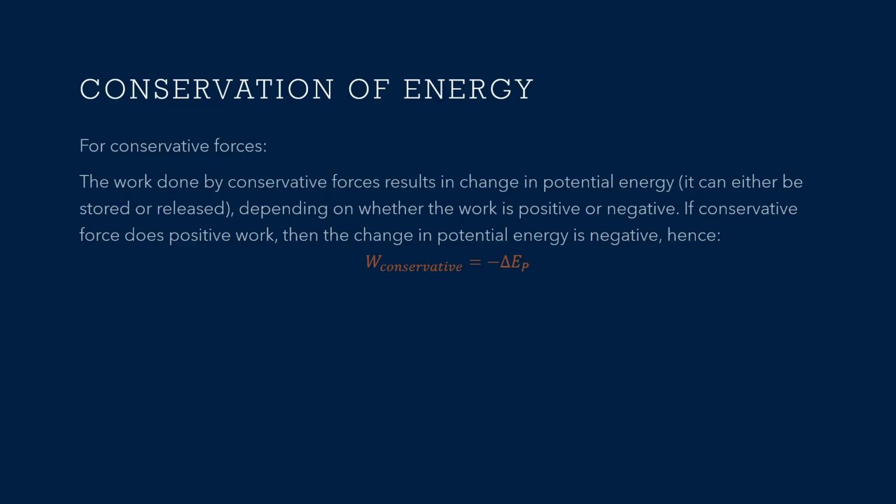Let's relate this to our previous example. In our previous example, a rock was falling from the top of the mountain to the bottom. At the top of the mountain, the rock had no kinetic energy because it was stationary, and it had its maximum potential energy.